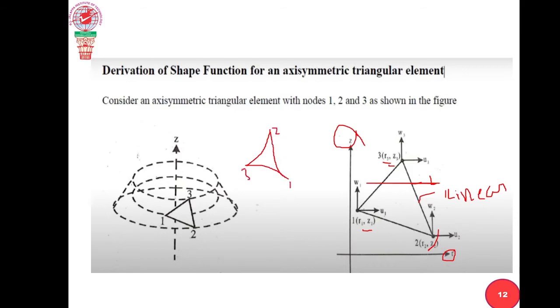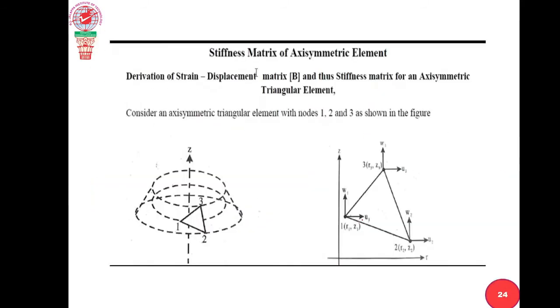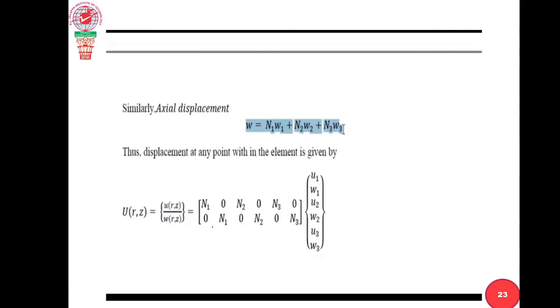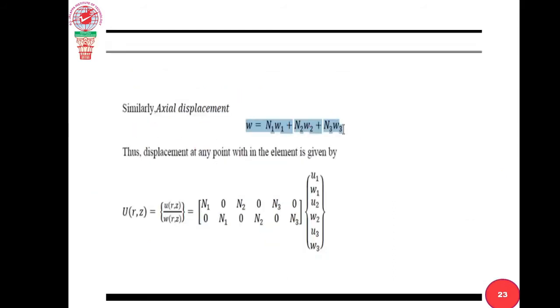Now for this kind of triangular isoparametric element, the displacement function will be in the form of u is equal to N1 u1 plus N2 u2 plus N3 u3. That is nothing but this one only. Multiply these two matrices: N1 into u1, N2 into u2, N3 into u3.